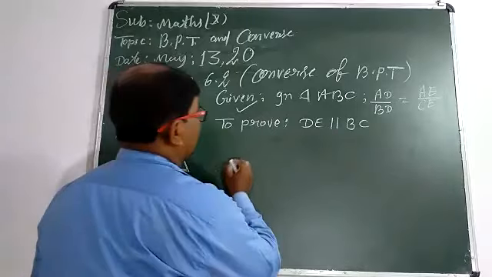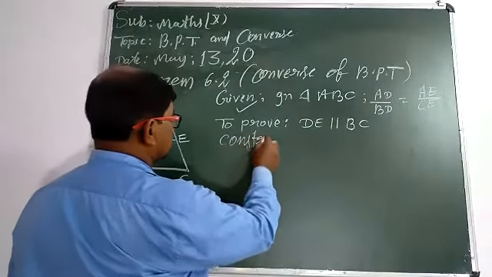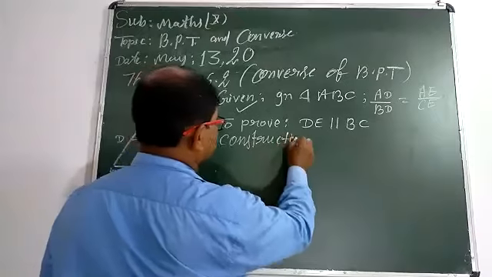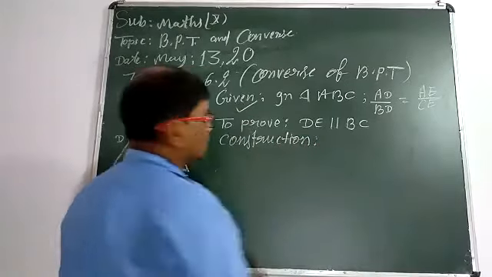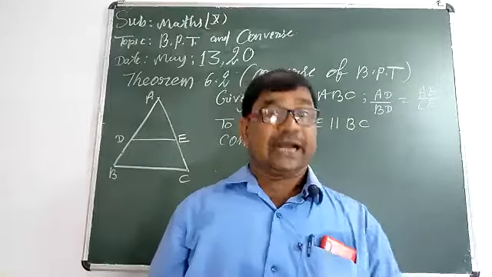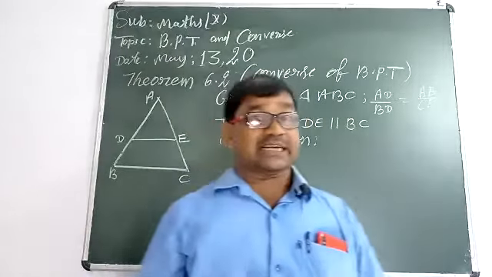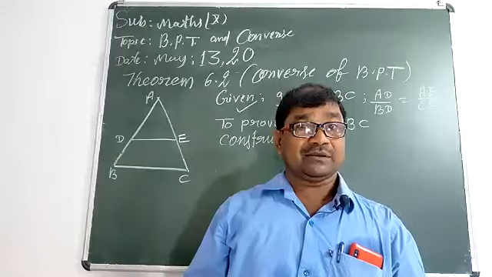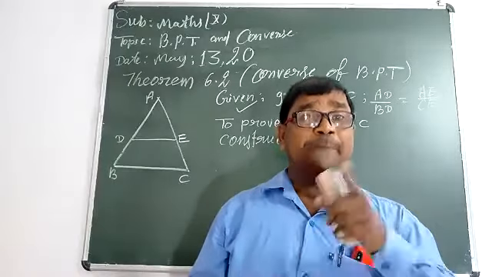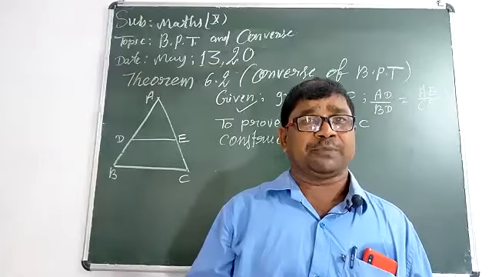Okay? Now, go to construction. Student, you have only one major statement, that is BPT, and this statement is the converse of BPT. So you should take help from BPT. How can you give your proof?